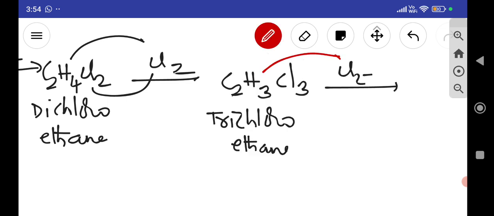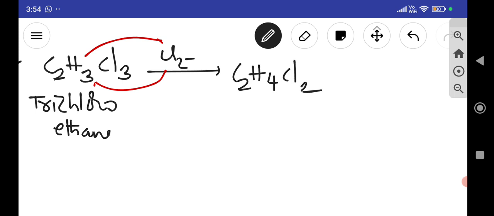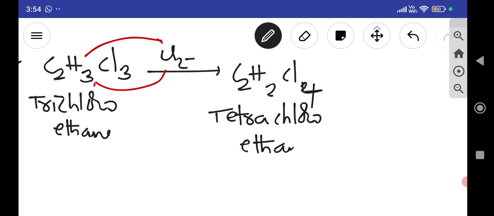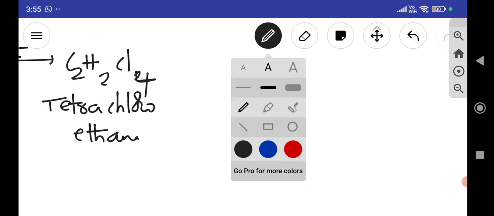Once again one H is substituted with the Cl and you are going to get C2H2Cl4. So this will become tetrachloroethane. Now there are only 2 hydrogens left, so you will again get 2 more products. What are those?